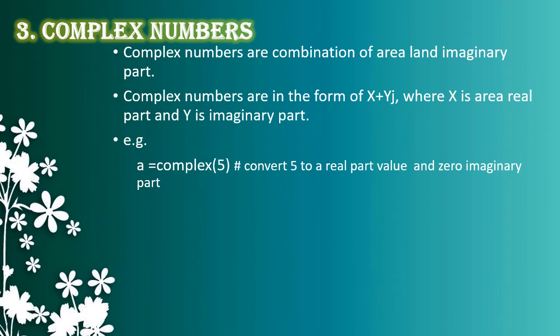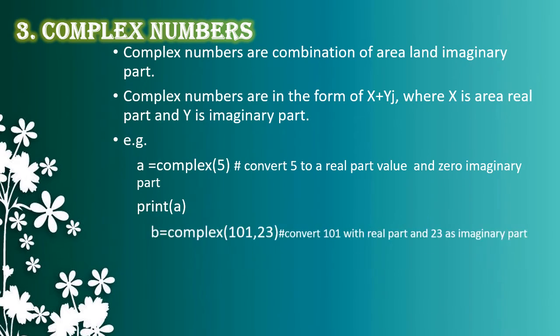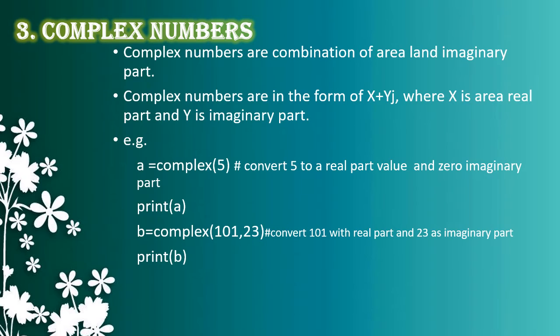So for example, a equal to complex of 5. That means the integer 5 is converted into complex format. Here we print a. And next b equal to complex of 101 comma 23. Two values are passed. The first value is considered the real part and 23 is the imaginary part.